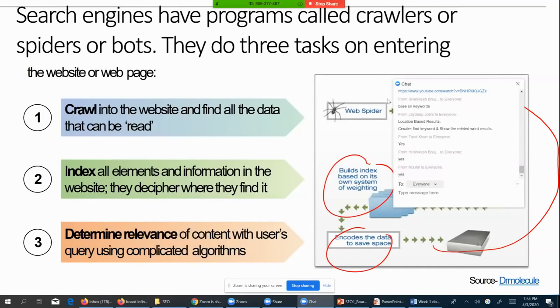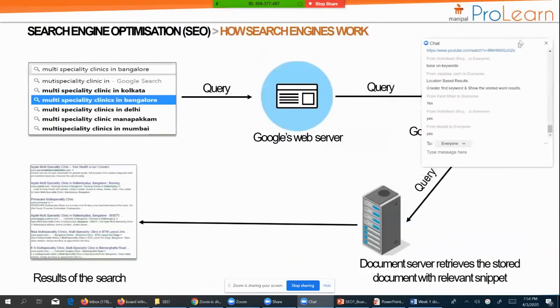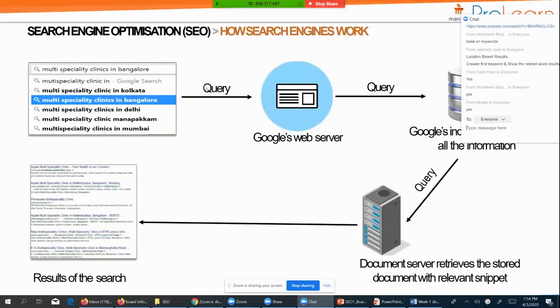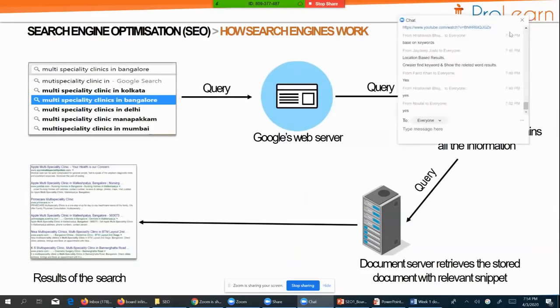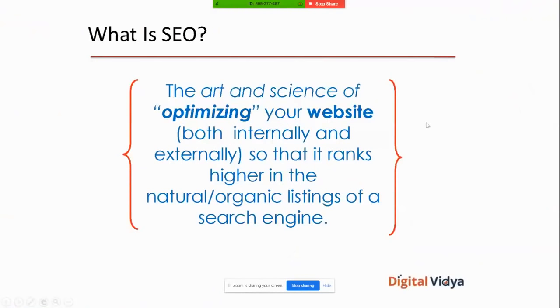Cool. Now, this is how it happens. See, you are typing something, so that's called a query. In SEO we call it a query, or a search term in Google Ads. It goes to Google's web server, right? And let me hide the chat for some time. The chat is blocking the slide, right?